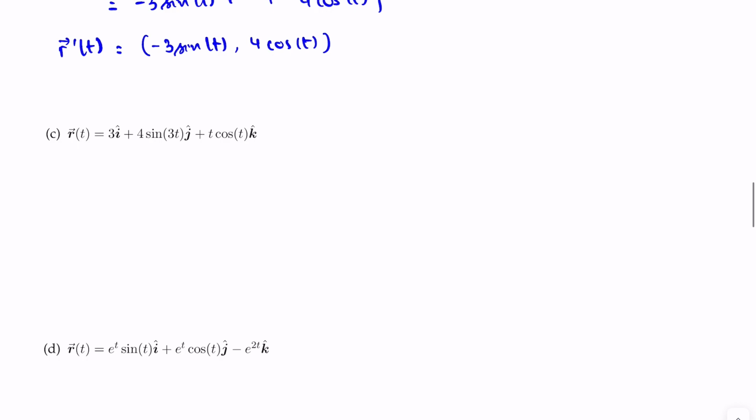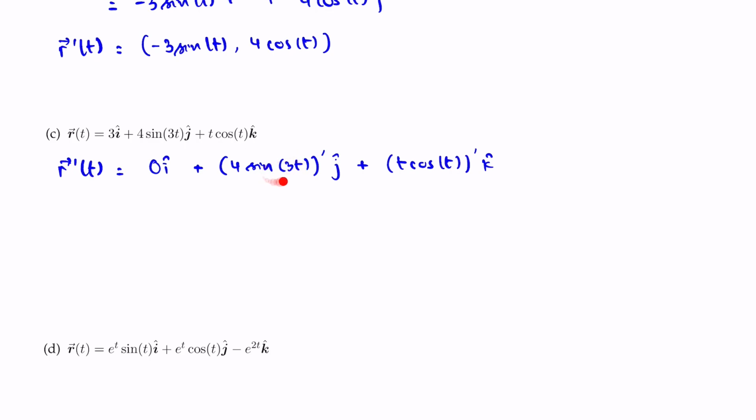For part C, if you notice the last component of the function is t times cosine of t, so that is a product. So when you take the derivative of this component, you need to apply the product rule. So r prime of t is equal to 3 prime, which is 0i, plus (4 times sine of 3t)' j plus (t times cosine of t)' k hat. For this function, you need to apply the chain rule.